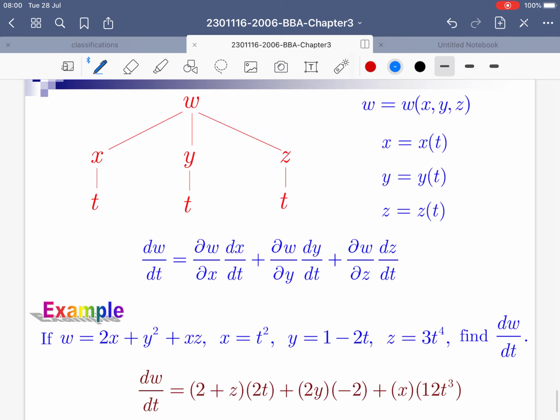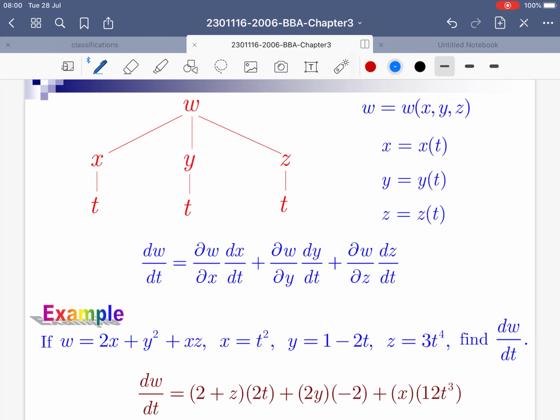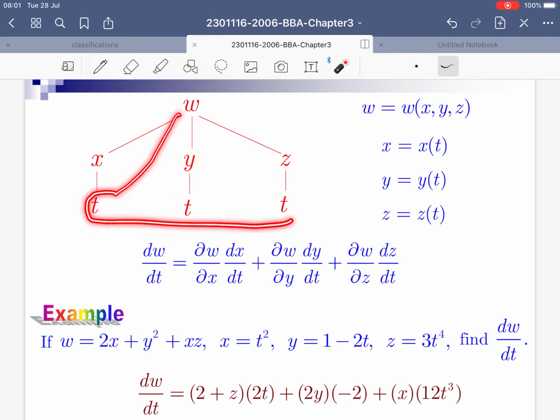Another problem that you may encounter is that, first, your w depends on 3 variables, x, y, and z. But then each of the variables x, y, and z depends on a single variable t. So it means that actually your w depends on a single t.